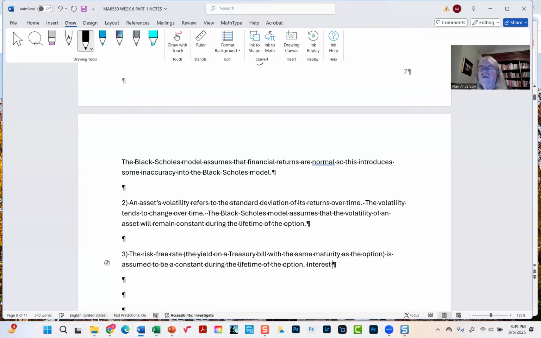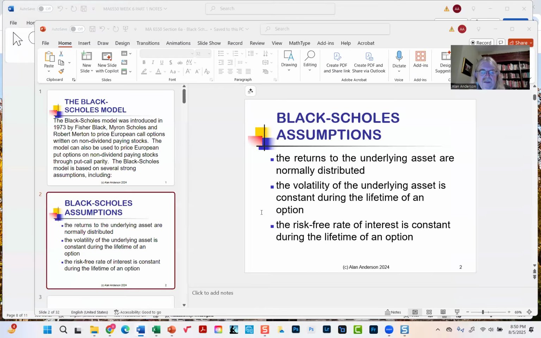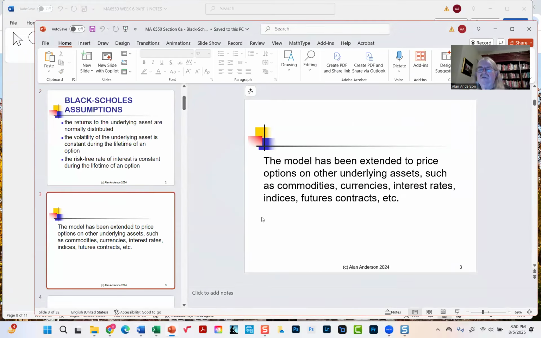Interest rates, well, it's not that they never change, but they tend to be stable. So this assumption is not necessarily a bad assumption. That could very well be perfectly true. The rates don't change very much, if at all, during the lifetime of the option. Okay, those are the important ones.